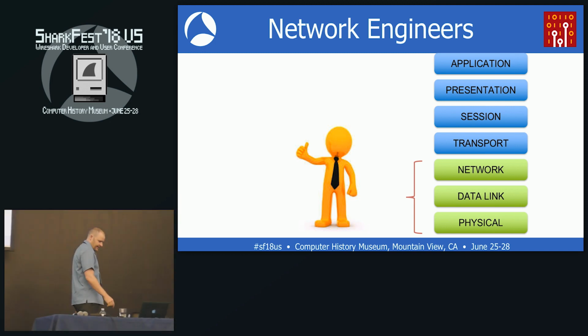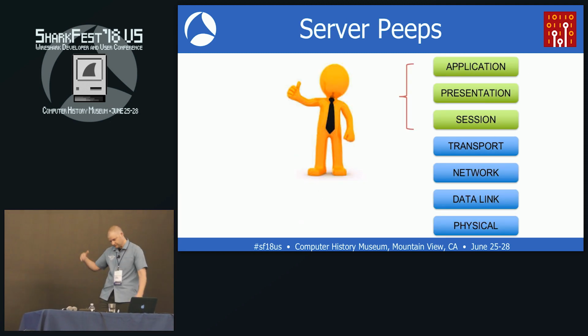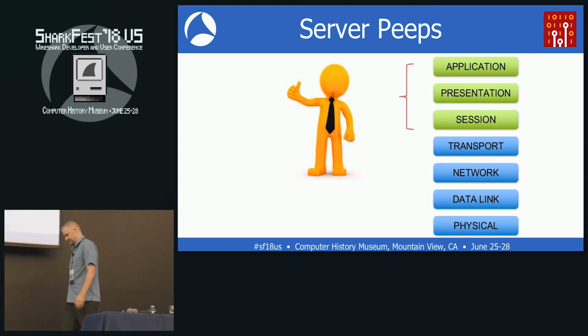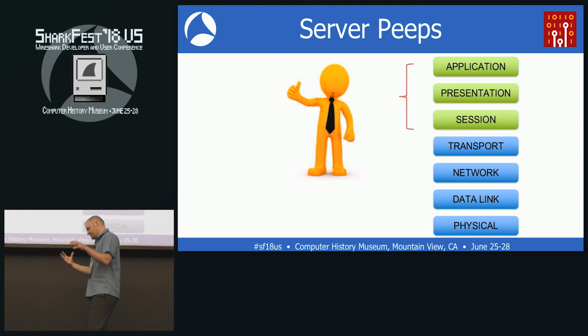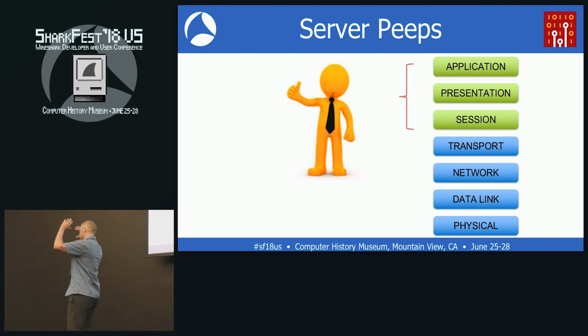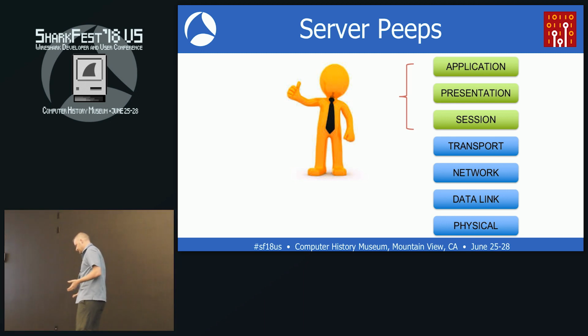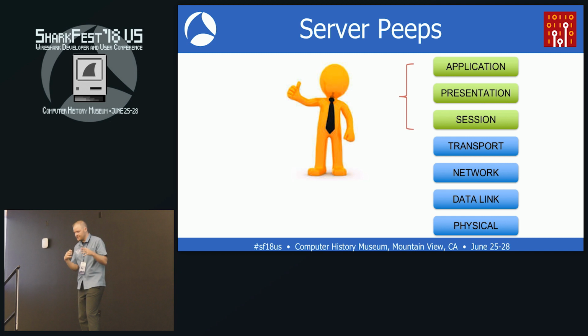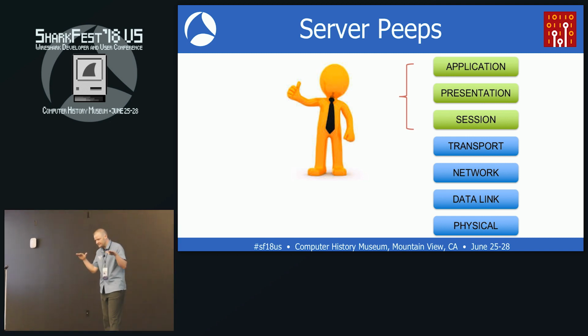So we go to the other side of the house. Server peeps. Pull out their job description, and let's just wrap those upper layers together. Let's call that just upper layers: session, presentation, application. They're in the server, the app, the virtual environment. They go in there, they check their resources, make sure nothing's spiked, no weird process, no backups happening.